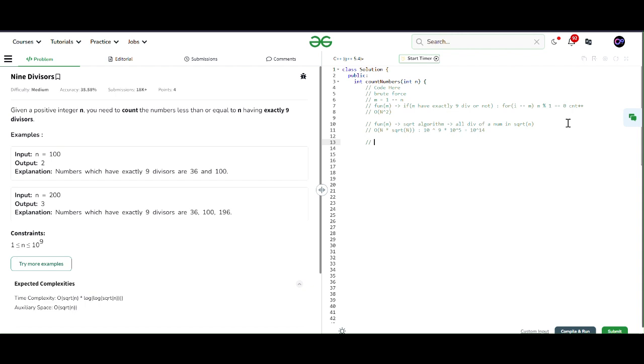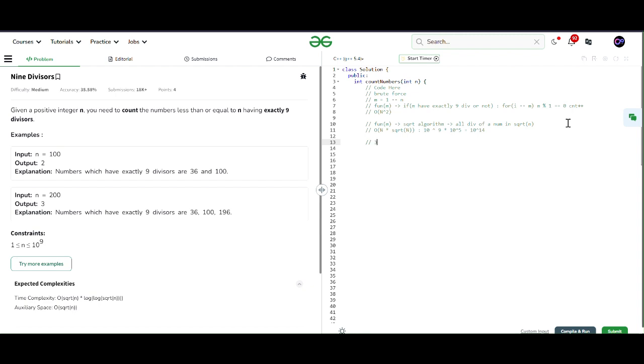Since I can find all the divisors in root n, that base complexity is possible. So I should reduce the iteration count for the outer loop. How can I reduce the number of iterations for the outer loop? From an observation. What observation?